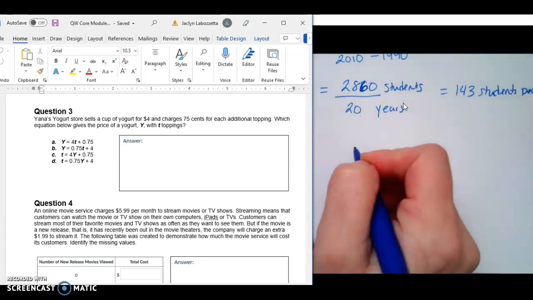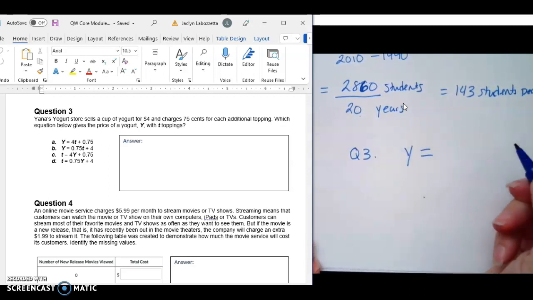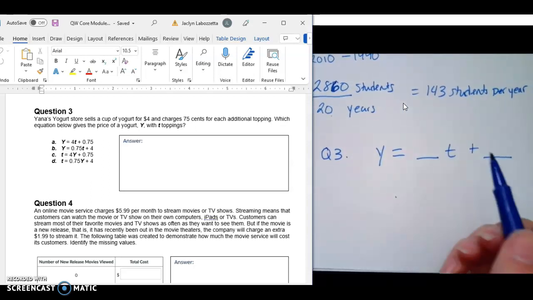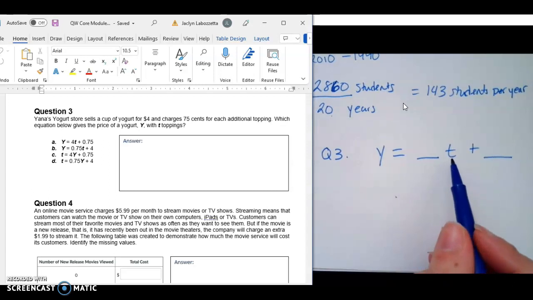So let's write this off to the side here. So question 3, we know we want to have a Y equals. So we need something times T plus something else. All right, so I have it narrowed down to either choices A or B right now. So let's go back. T is the number of toppings, and we're told in the description that it's 75 cents for each topping.